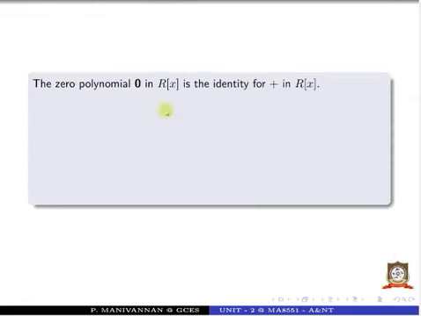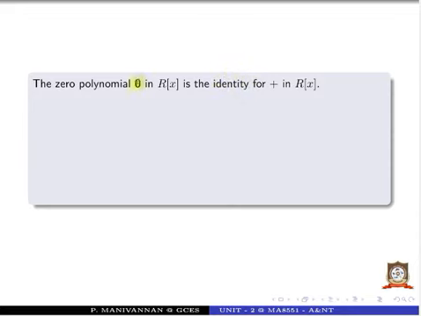Now under addition, it is an abelian group. We already proved closed and associative. Now we will discuss the additive identity. What is the additive identity? The zero polynomial is called the additive identity.